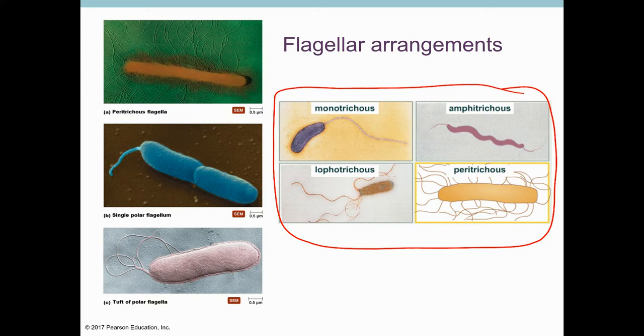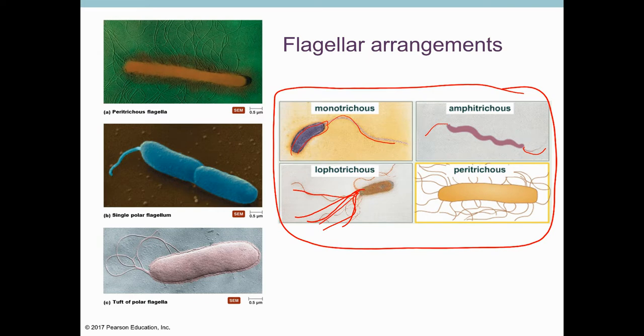Monotrichous is when a bacterium just has one flagellum at one end of the cell. That's probably the way you're used to thinking of it. Amphitrichous, some species have two, one at either end. Lophotrichous is like a bunch at one end, kind of a little tuft of many flagella. And it can be 3, it can be 5, it can be 10.